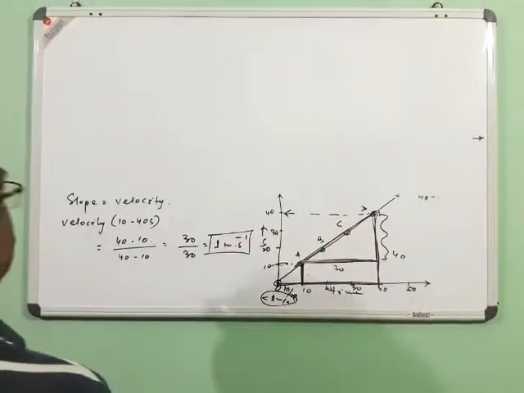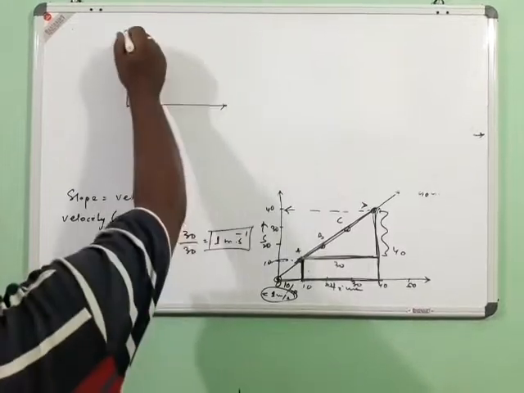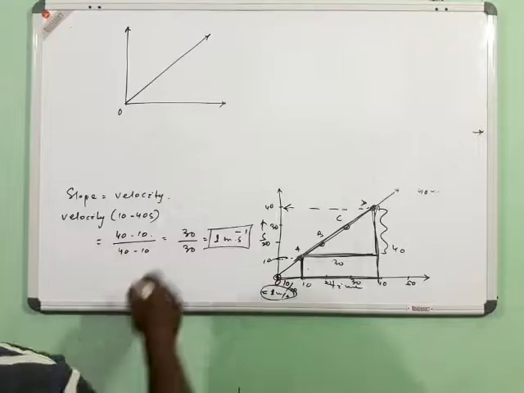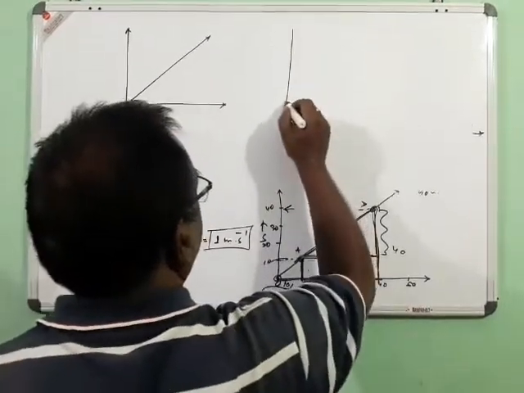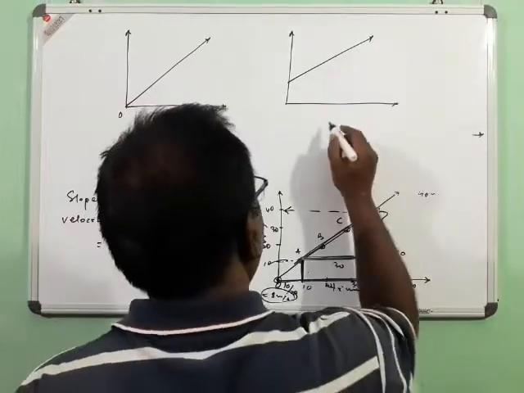The graph may be equally inclined and starting from 0, initially at 0, or the graph may be in this manner.